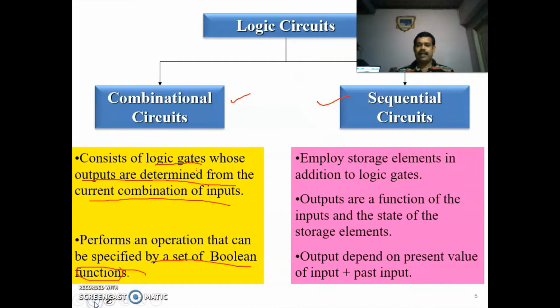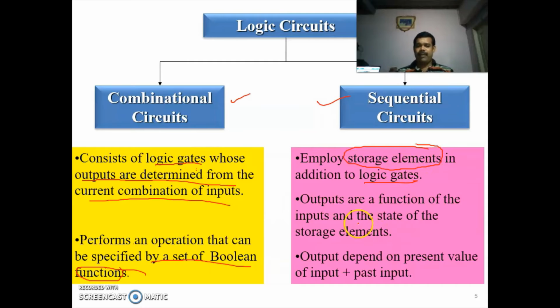Now the second circuit is the sequential circuit. The sequential circuit has storage elements in addition to the logic gates. The combinational circuit consists of only logic gates, but the sequential circuit consists of logic gates and storage elements.